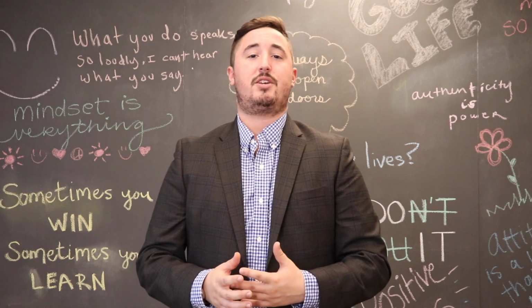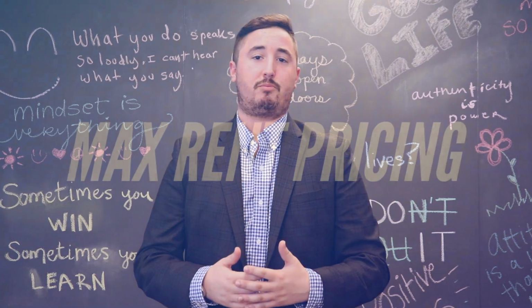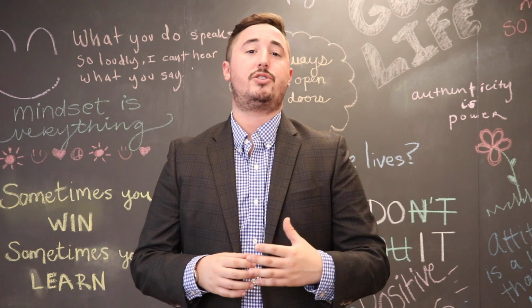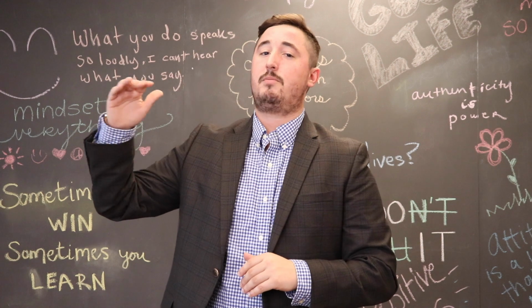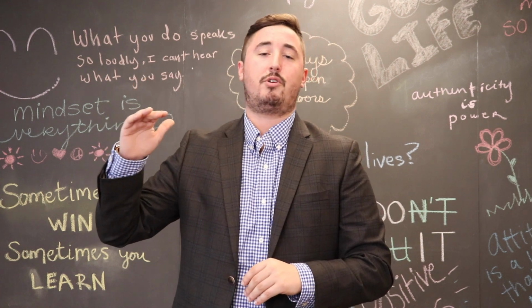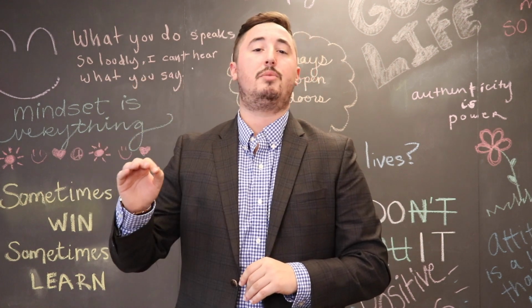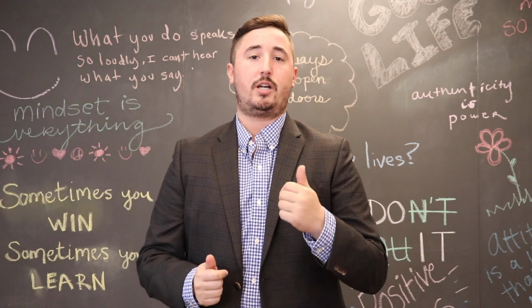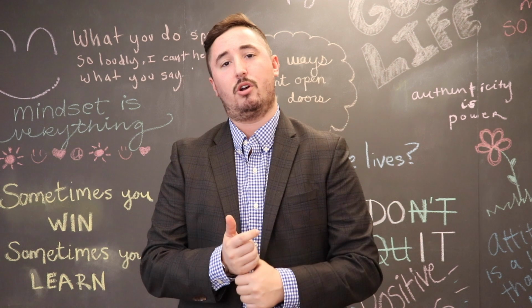The last part of this process is using our max rent pricing strategy. How we do that is we take a look at all of that research we've done, we figure out the absolute top of market price for your property, and we list slightly below that price. That does a couple of things. It positions us in a more competitive stance on the market when we do go live.